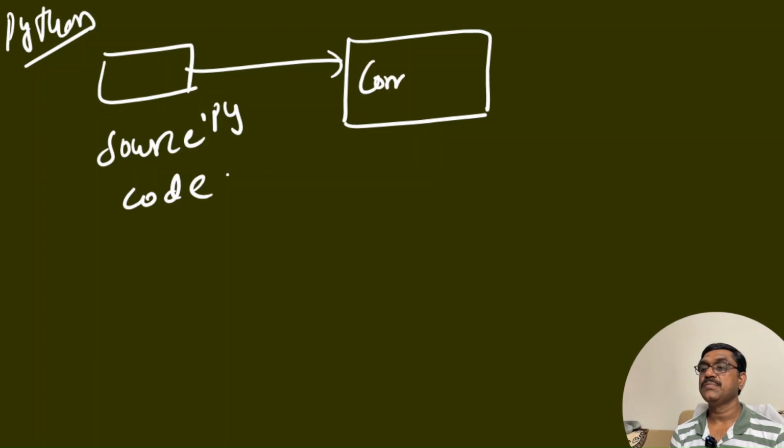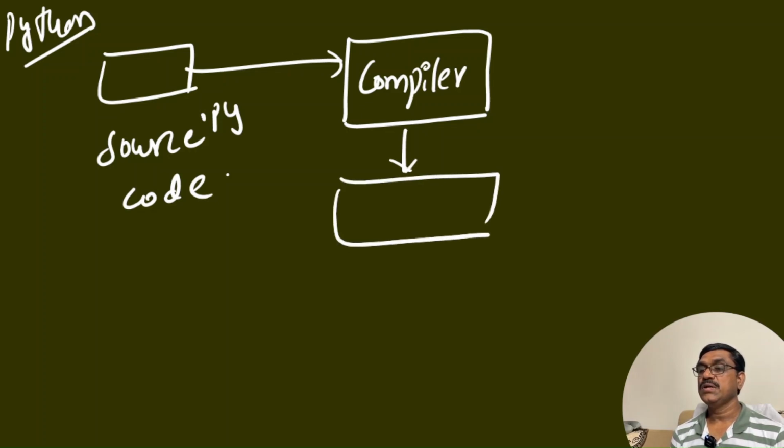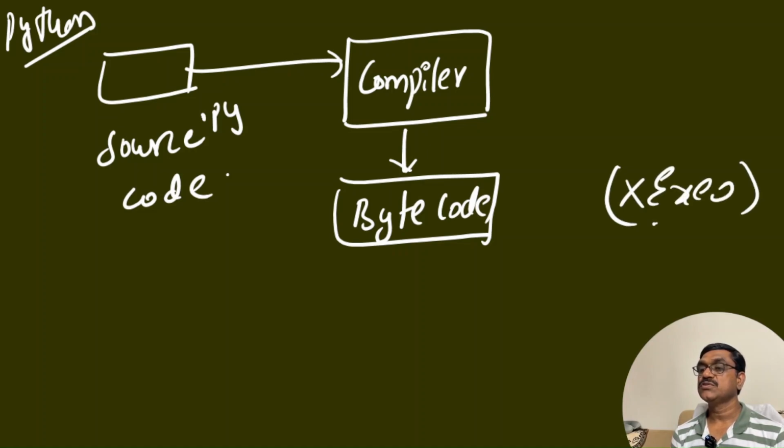Here we are using a compiler, and this compiler converts the source code into bytecode. Remember, this is not executable code. It is bytecode, meaning intermediate code. This is not machine code.